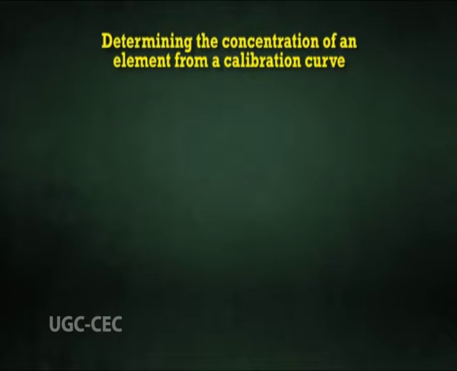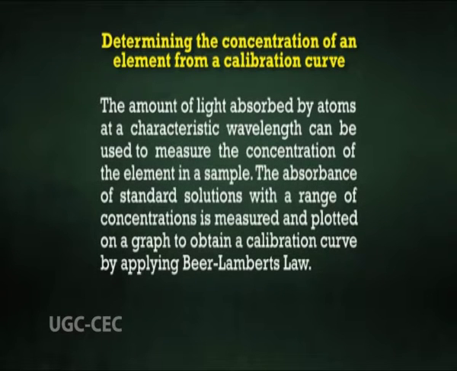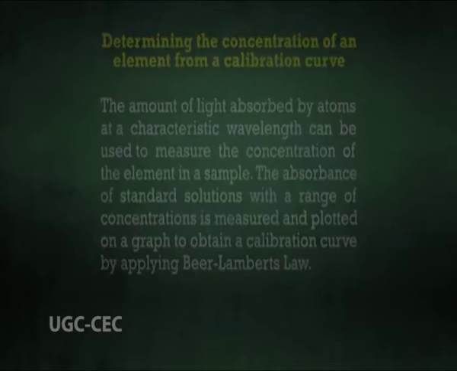Next is determining the concentration of an element from a calibration curve. The amount of light absorbed by atoms at a characteristic wavelength can be used to measure the concentration of the element in a sample. The absorbance of standard solutions with a range of concentrations is measured and plotted on a graph to obtain a calibration curve by applying Beer-Lambert's law.